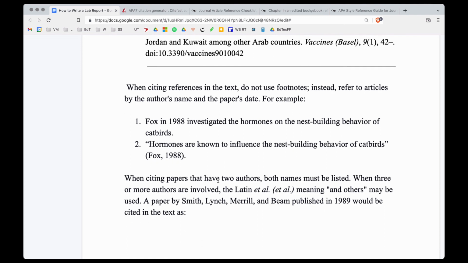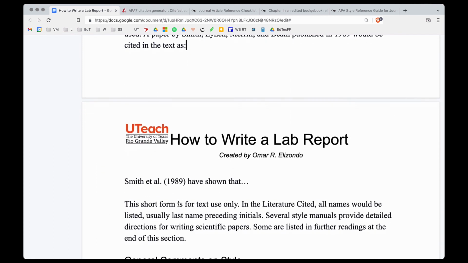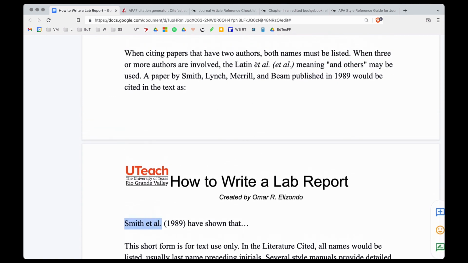Now, if you have a paper that has a lot of authors, you probably want to start your statement with all of the authors, right? So let's scroll down. Notice that it says here Smith et al. Et al. means and others.